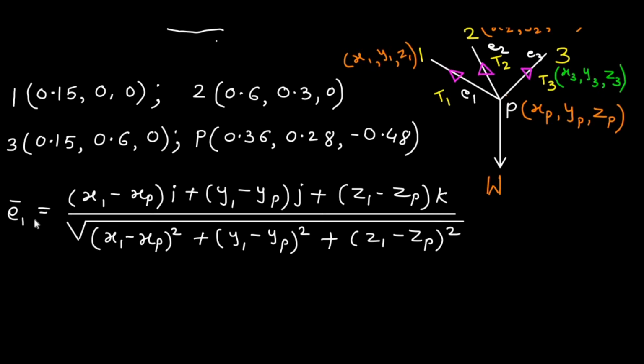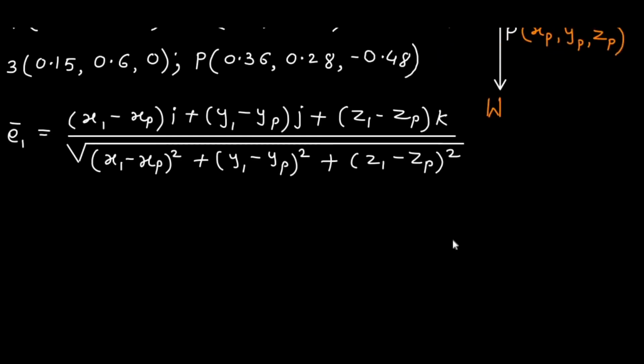E1, when I have to calculate the unit vector along the line P to 1, I have to use this relation: x1 minus xp, as we are considering the force acting from P to point 1, i plus y1 minus yp j plus z1 minus zp k, divided by the square root of x1 minus xp square plus y1 minus yp square plus z1 minus zp square. In this way we can calculate the unit vector along the line.